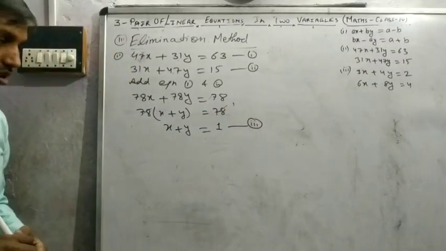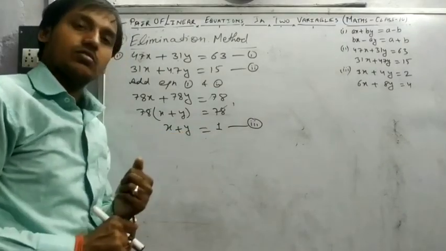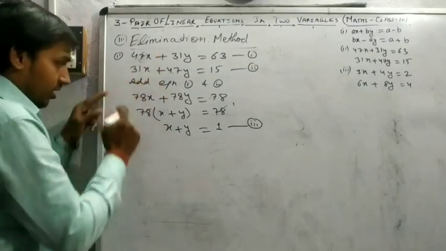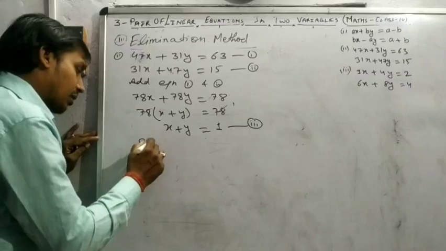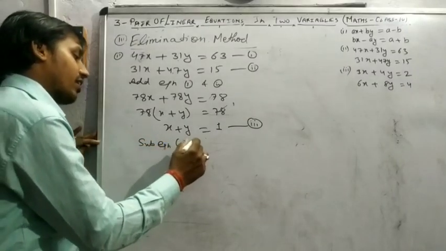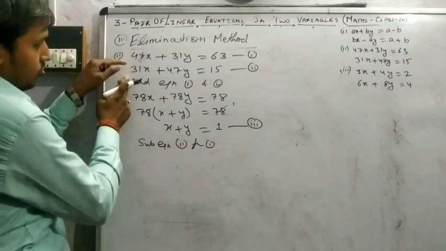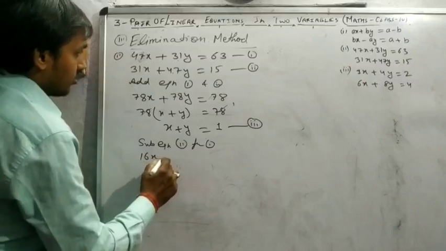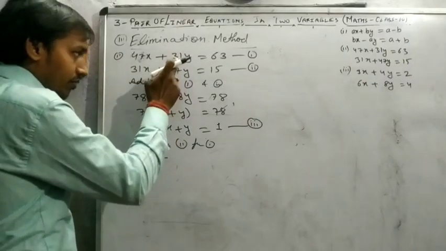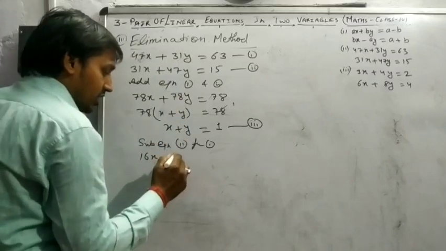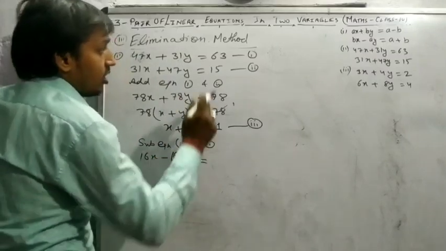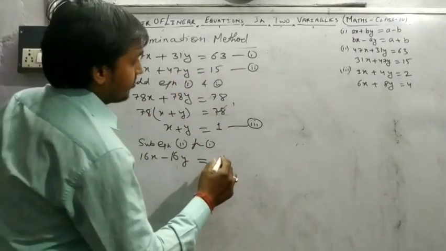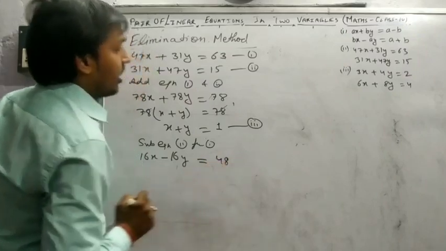Did it seem easy? You get a simple equation. Then again, we won't solve this yet. Again, first you add them, then subtract the second equation from the first, that is 1 minus 2. 47 minus 31, 16x, and 31 minus 47 gives a minus sign, so minus 16y. 63 minus 15 is 48.